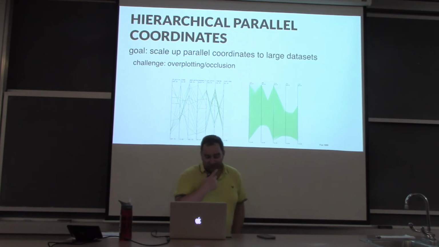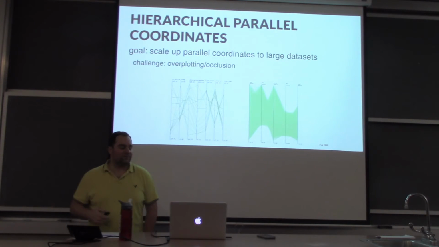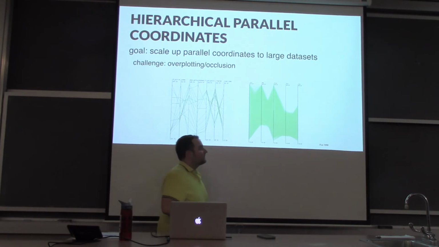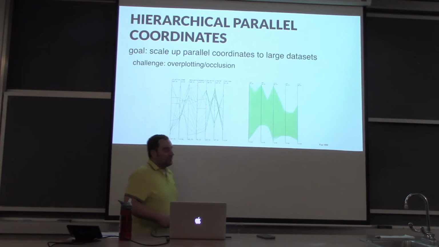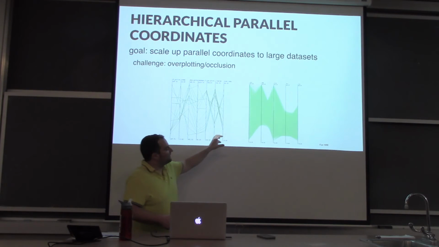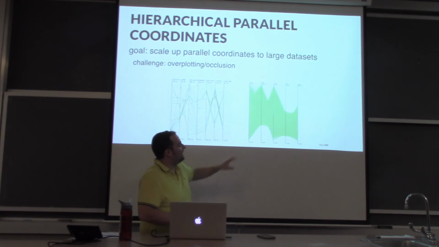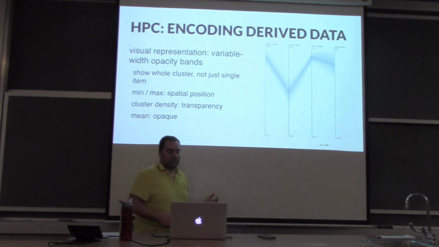This here is an idea to use hierarchical clustering to enhance these parallel coordinates plots so that we can scale up to larger data sets. This is an example where we can still see the trends in here, but here we basically only see the blob of these plots anymore. So how can we get rid of this overplotting and occlusion?